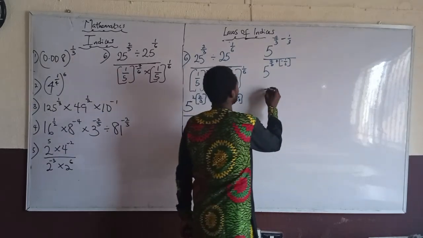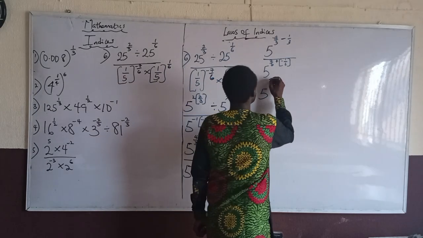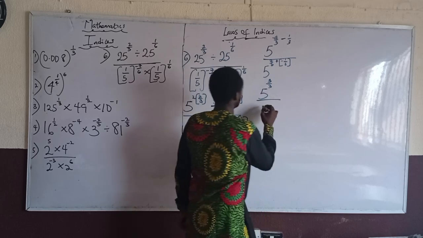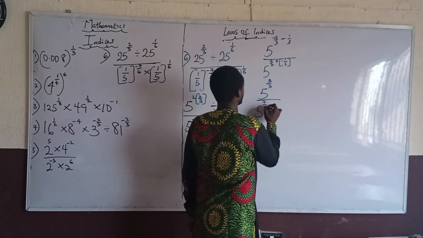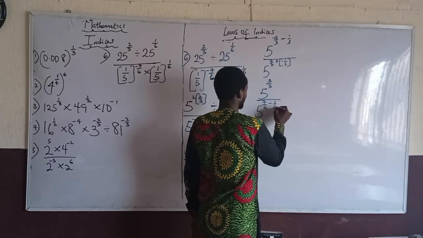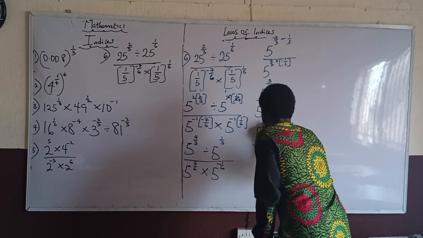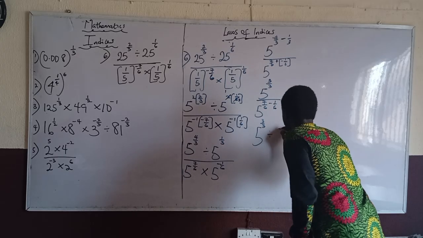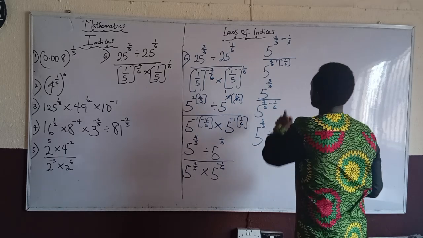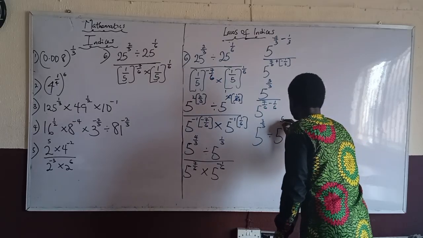So here becomes 5 raised to power 4 minus 1, that is 3 over 3, divided by 5 raised to power 7 over 6 plus times minus is minus. So here becomes 5 raised to power 3 over 3 divided by 5 raised to power 7 minus 1, that will give me 6 over 6.